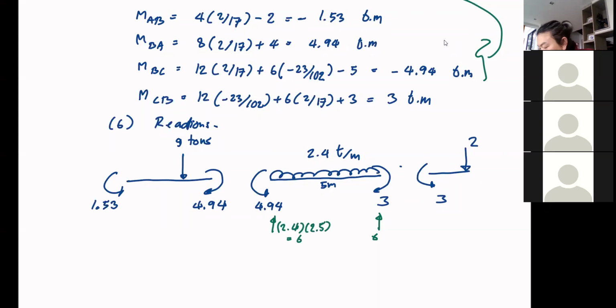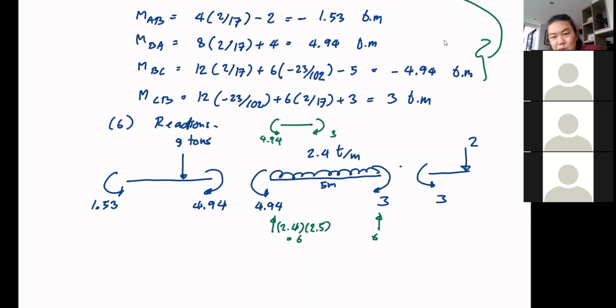So now we consider the reaction due to the moment. See, they counter each other. So the reaction due to this moment, one has to go up, one has to come down to maintain equilibrium. When you look at this alone, you have 4.94, you have 3. So basically 4.94 is greater than 3.